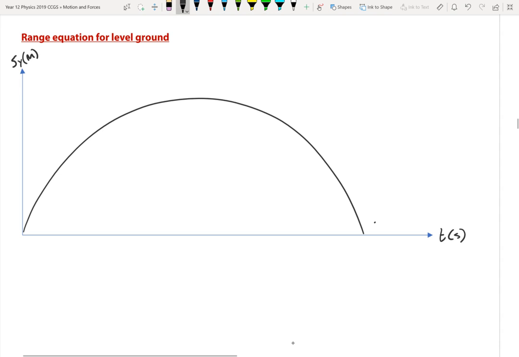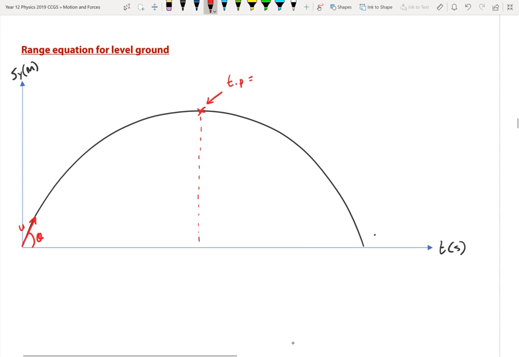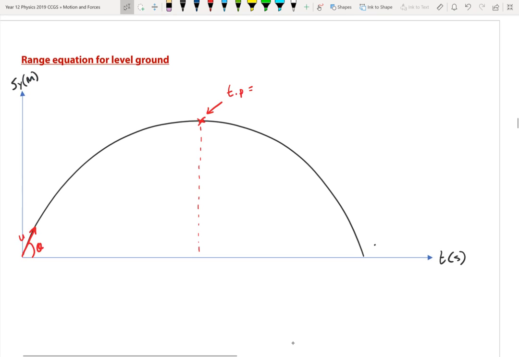Position time. You can throw in your U and theta if you want. But what I'd like you to do is to slice this about the turning point. Just for reference, for those of you that may have forgotten, y in terms of x is ax squared plus bx plus c.